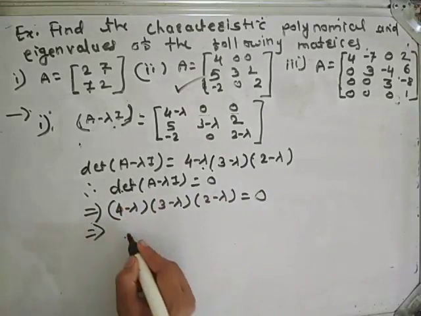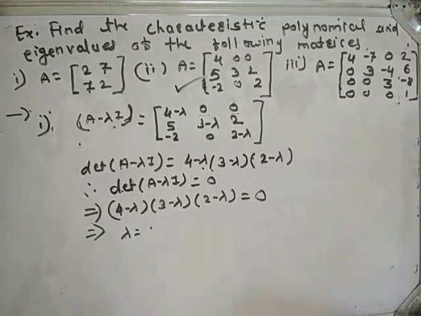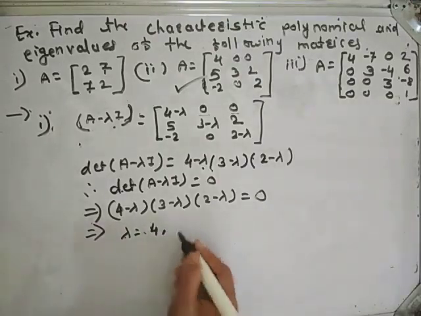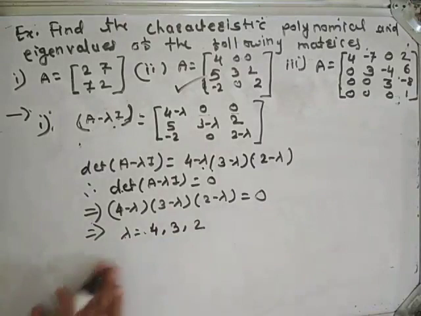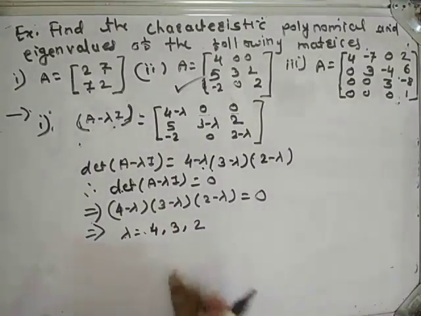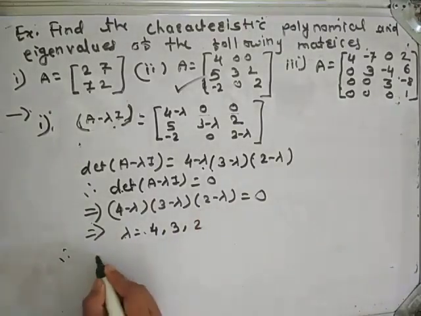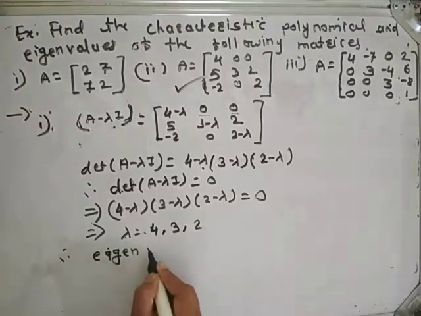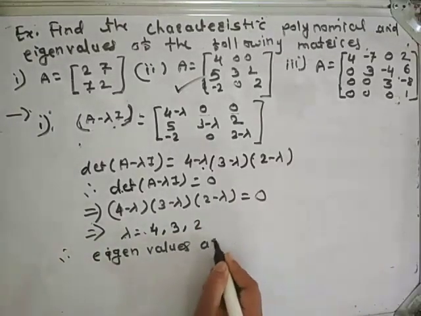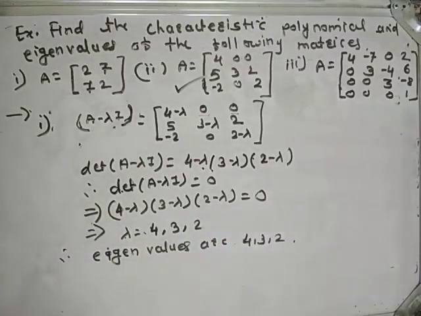That implies lambda is equal to 4, or lambda is equal to 3, or lambda is equal to 2. Therefore the eigenvalues are 4, 3, 2.